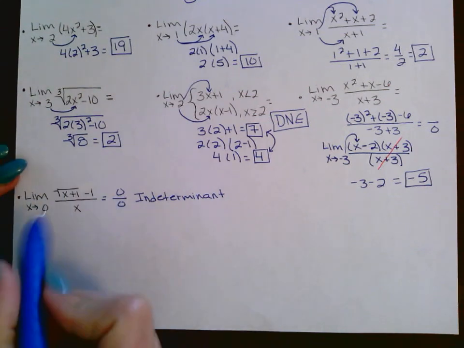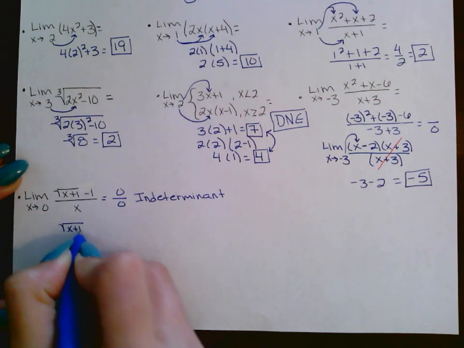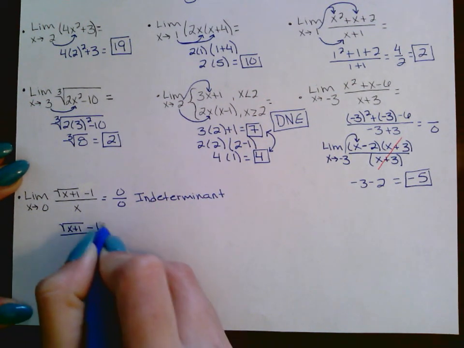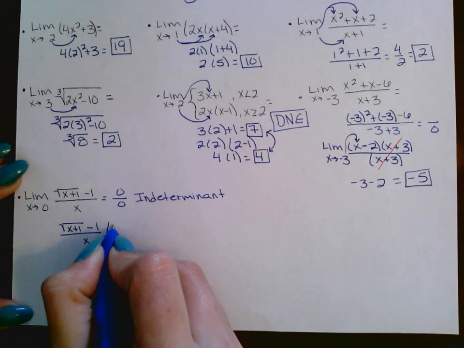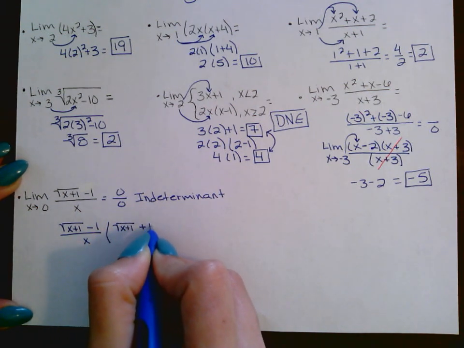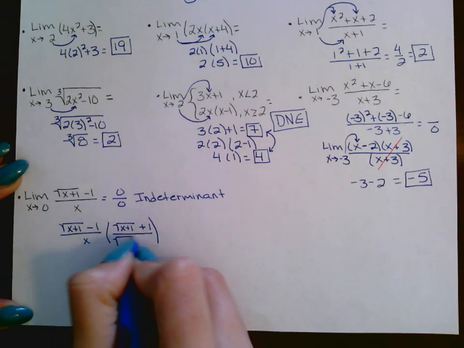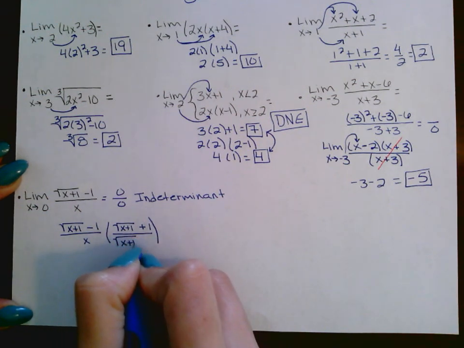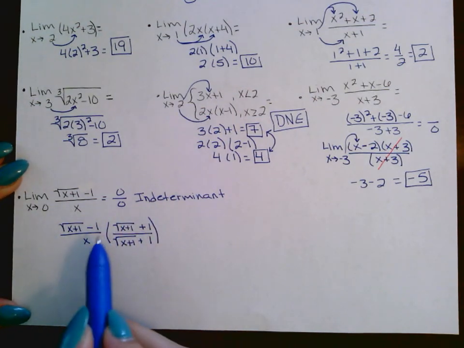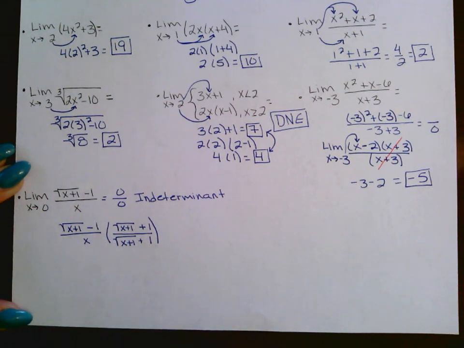So if I say that this is going to be the one that holds the first term minus the second term, then I'm going to multiply this top and bottom by the first term plus the second term. Okay? And then whatever I do to the top, I'm going to do to the bottom so that I'm not changing the value of this function. I'm technically just multiplying it by 1.